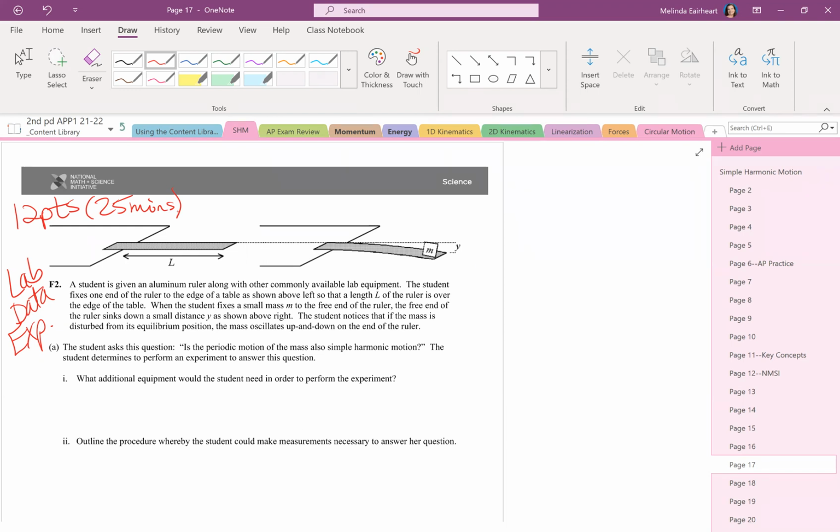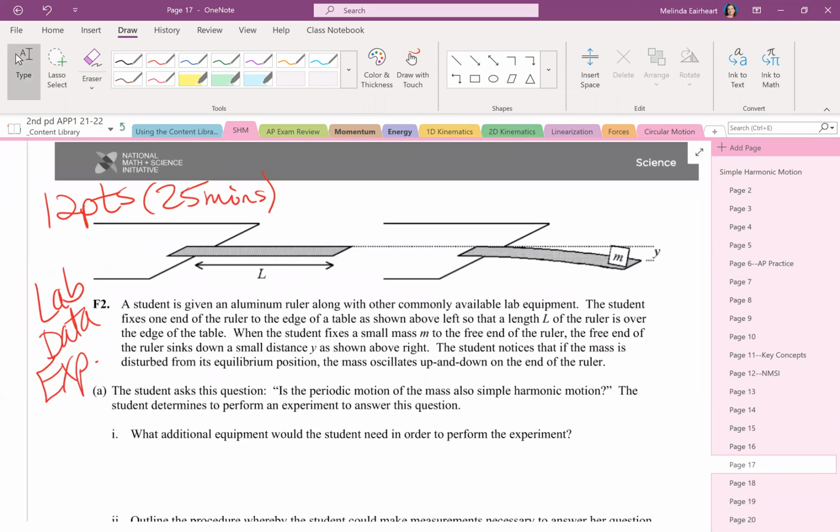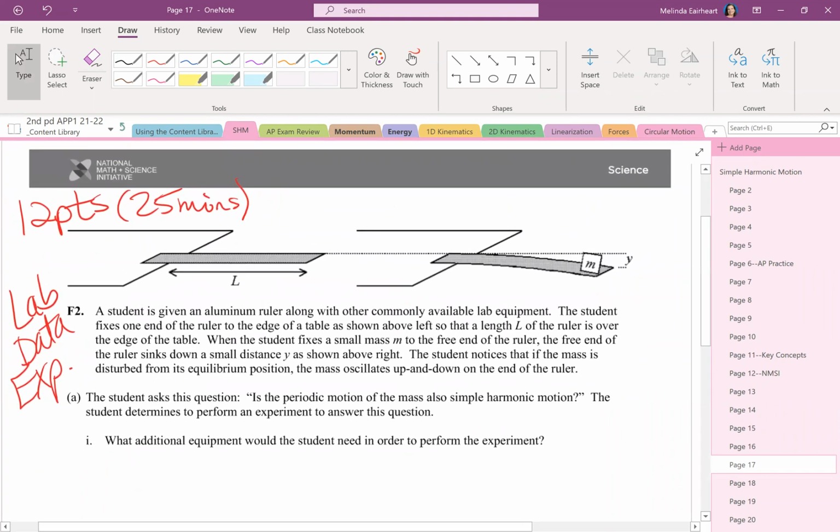Okay, so we have a student given an aluminum ruler. We don't necessarily need to worry about the aluminum piece, but a metal ruler, along with commonly available lab equipment. The student fixes one end of the ruler to the edge of a table. So tape, glue, clamp, whatever. One end of this ruler is not going to move.